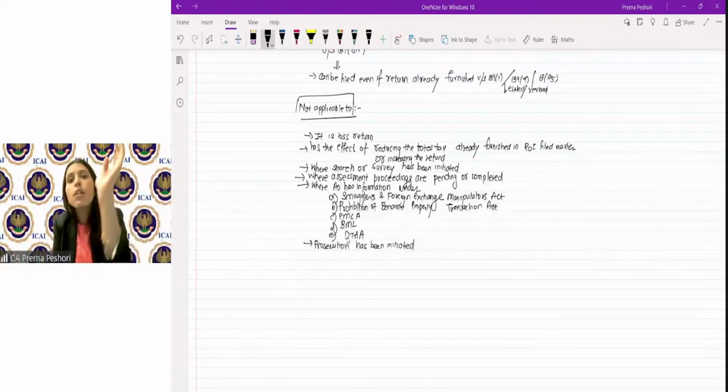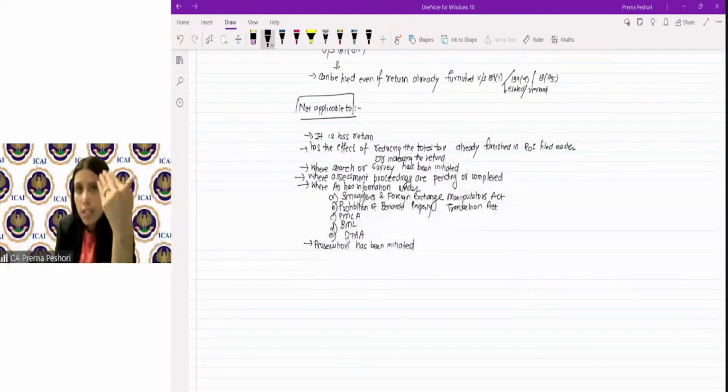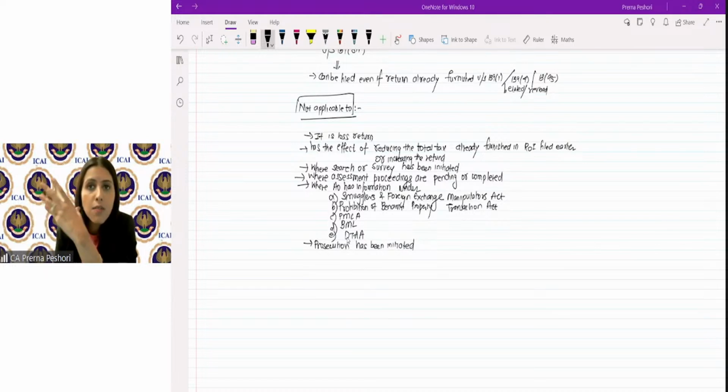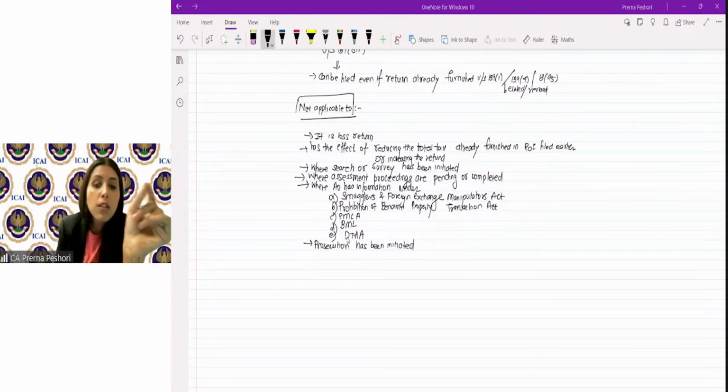Okay. So when you cannot furnish the updated return: when you have a loss return, when it has the effect of decreasing your tax, which you have already disclosed in your original return, revised return, or belated return, or has the effect of increasing the refund, or where the information is received under tax evasion or the acts prohibiting Benami transactions, or under the DTAA, or any prosecution proceedings are initiated.